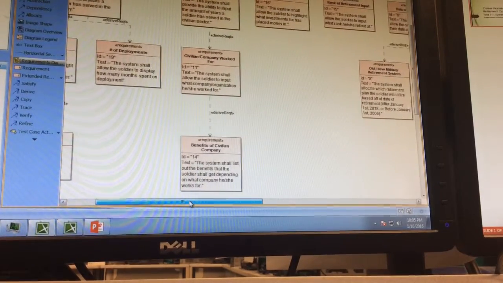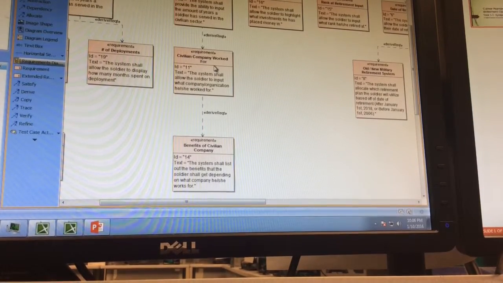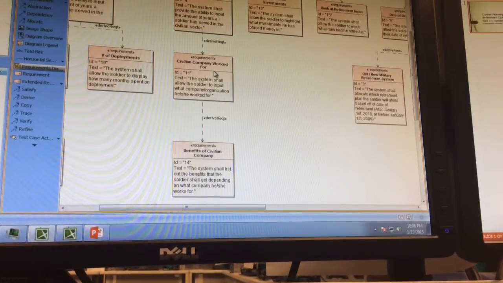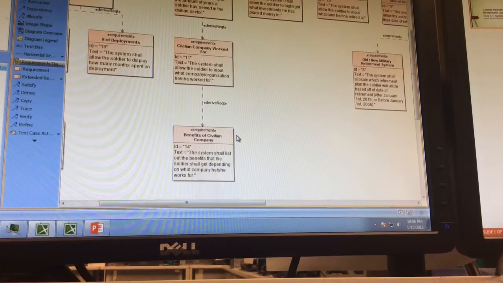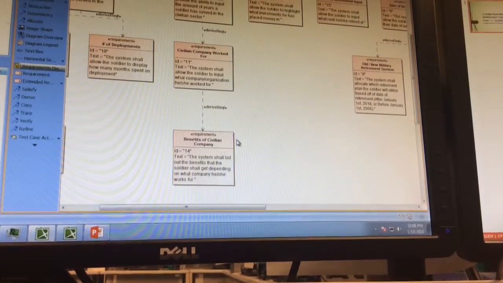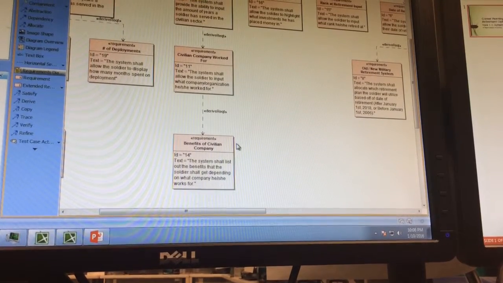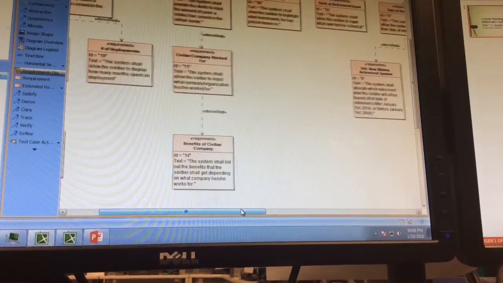For the civilian sector, we also looked at the civilian company that they worked for, and the location of that company, and that's broken down into the benefits that the civilian company would give them. We looked at their pension, their 401k, the healthcare plan that the company offered, and so on.